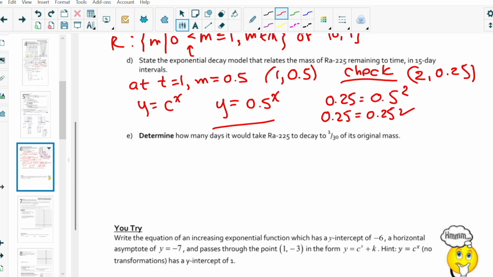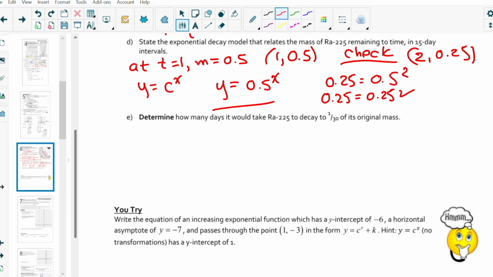Okay, determine how many days it would take radium-225 to decay to 1/30th of its original mass. Okay, so 1/30th of its original mass. We would have 1/30th of a gram at the end of that period, right?